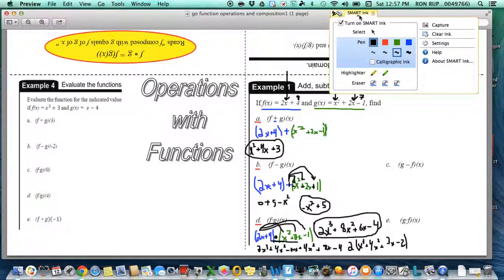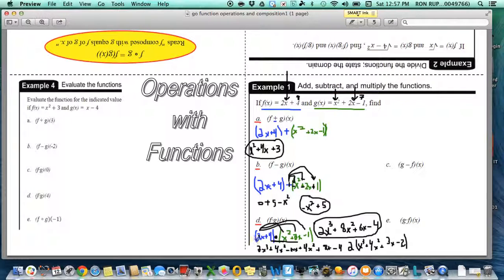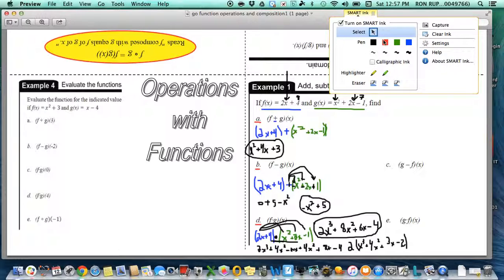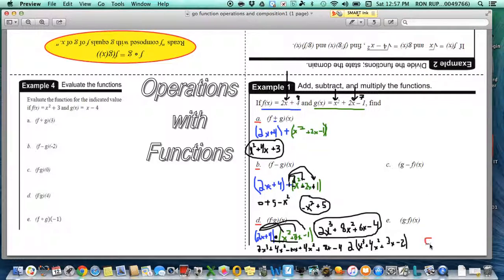So let's just do the check really quick. We know that f times g would be 8 times 7, which would be 56. So 2 cubed is 8, and 2 squared is 4. 4 times 4 is 16. So we got 8 plus 16.